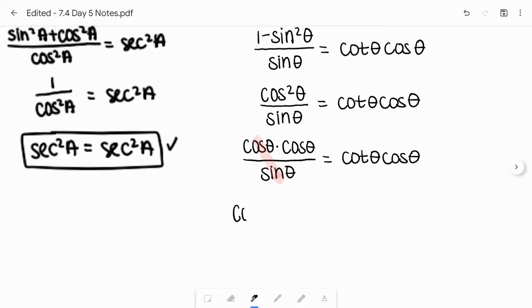So I have cotangent theta times cosine theta is equal to cotangent theta cosine theta. So I was able to get my left-hand side equal to my right-hand side.